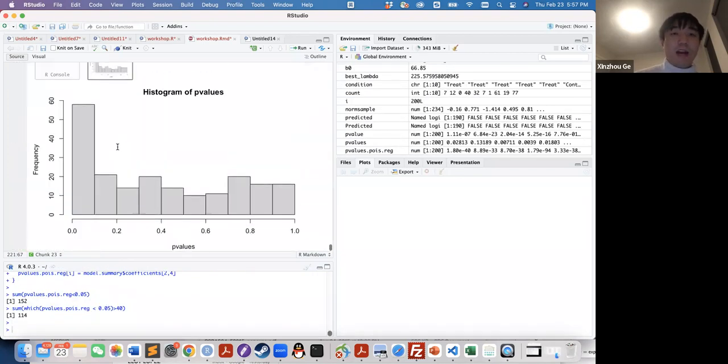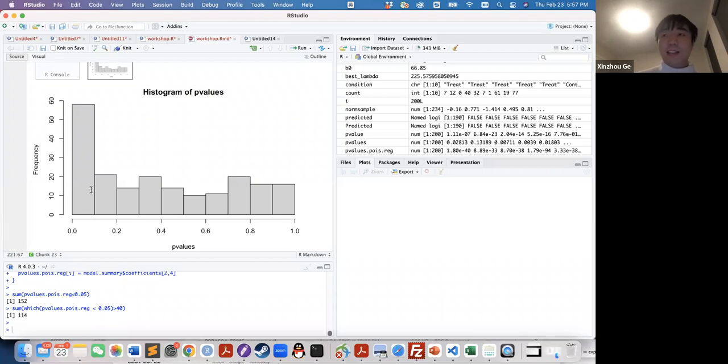Okay, if we look at the histogram, we can see that even if we use the correct model, the negative binomial model, for the non-DE genes, the p-values are uniformly distributed from 0 to 1.